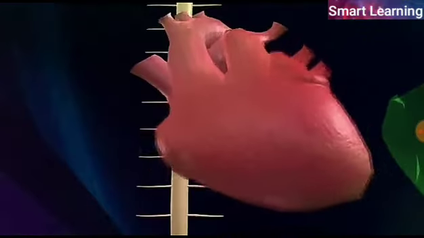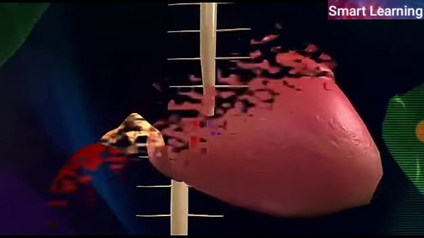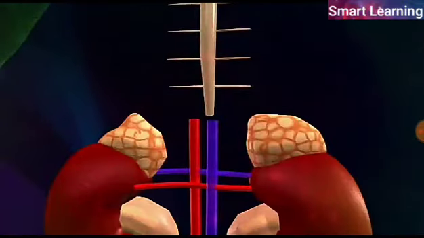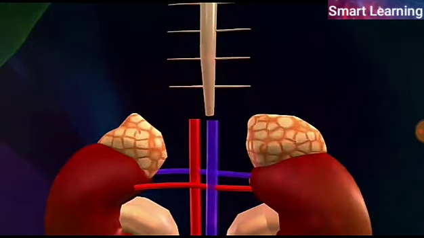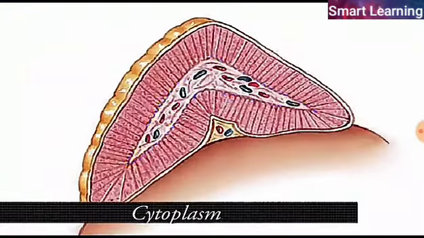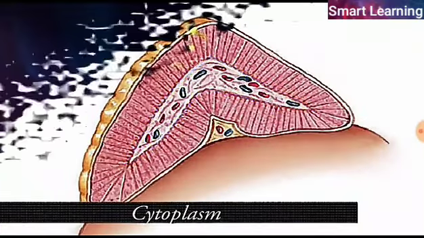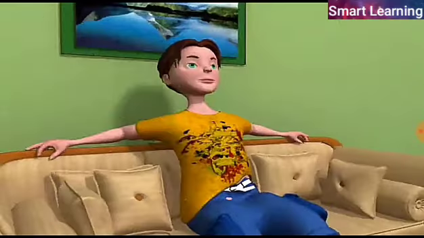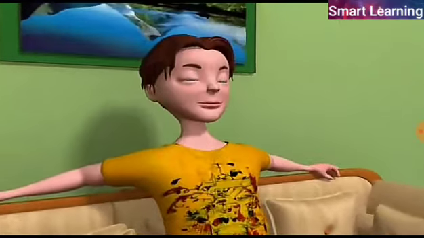Other body tissue cells detect this chemical using special molecules, receptors, present either on their surfaces or inside their cytoplasm. The message is then transmitted and these chemicals produce their effects.